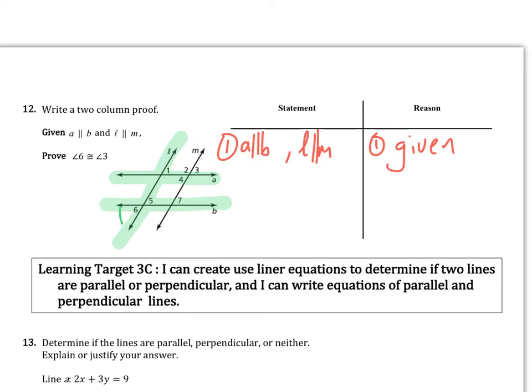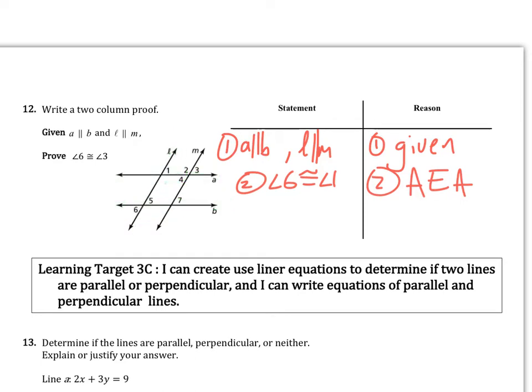And we know that alternate exterior angles are congruent. So we can say that angle 6 is congruent to angle 1. That's the alternate exterior angle theorem, our reason.